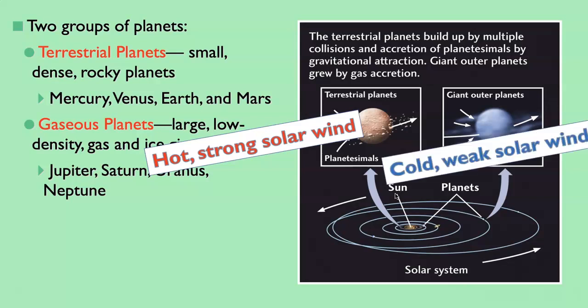On the other hand, the outer planets were far away enough from the Sun that the temperature was cold and the solar wind didn't blow the gases away, and so they accreted. So these two different groups of planets formed because of their different positions relative to the Sun.